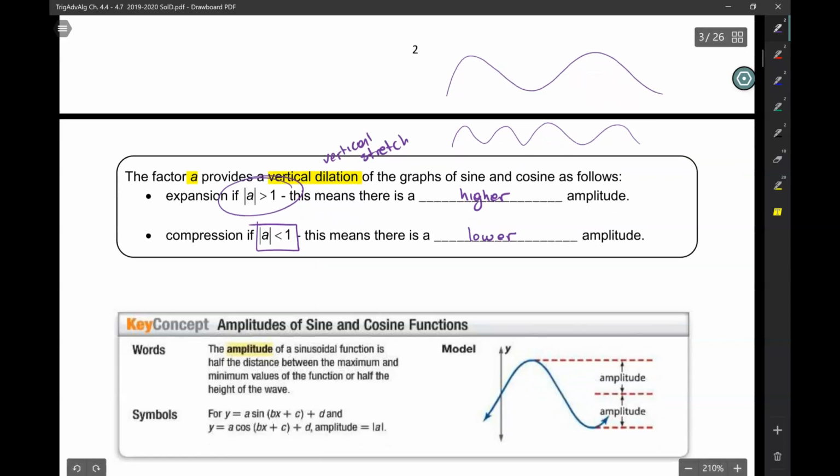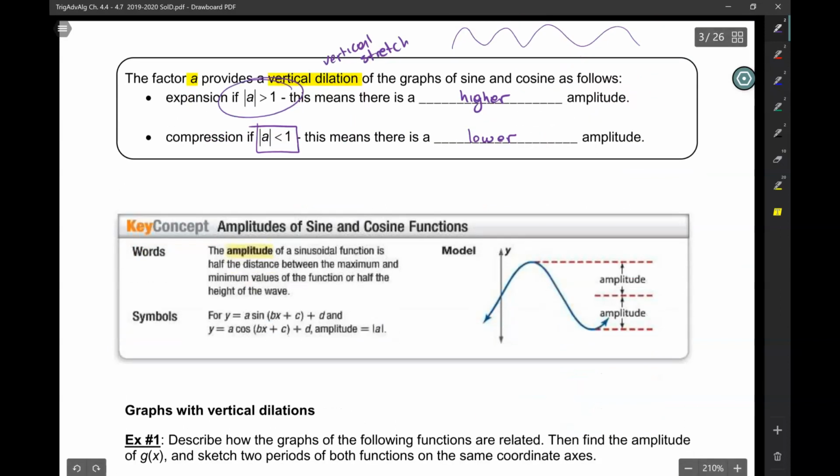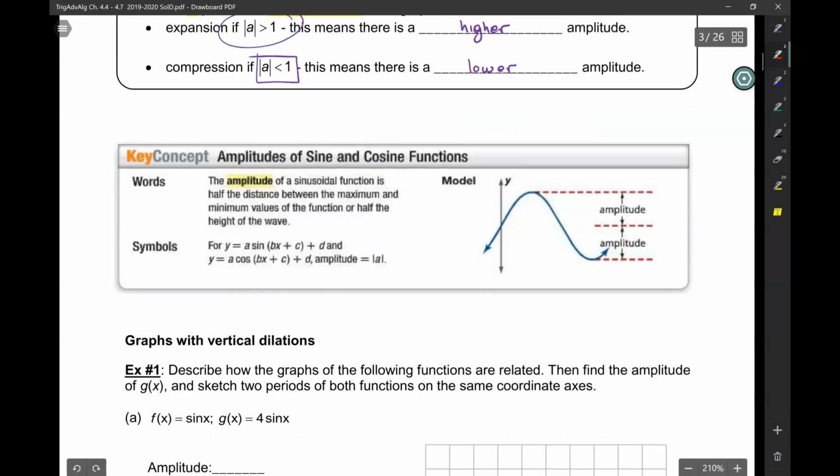Now, what is amplitude, you ask? How do we measure amplitude? You see this graph here of a sine or a cosine? If you split it vertically down the middle, the distance from the middle to the top is amplitude. The distance from the middle to the bottom is amplitude. It's the same.